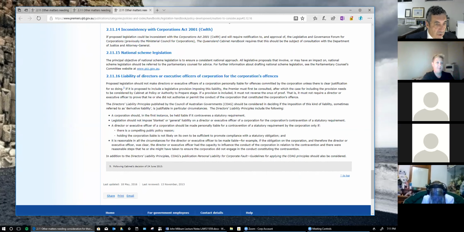That is, it must not require a director to prove that he or she did not authorise or permit. And it refers to the Directors' Liability Principles published on the Council of Australian Governments' material. So the reason I'm raising that with you, and I'll stop the share now for a sec.